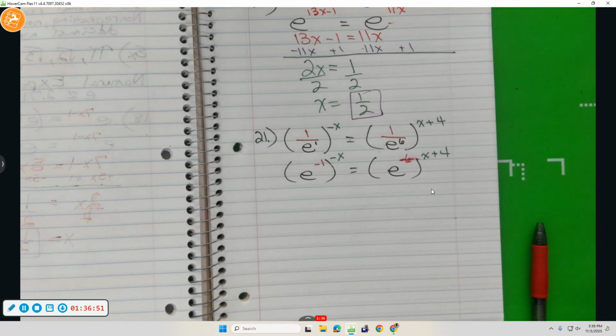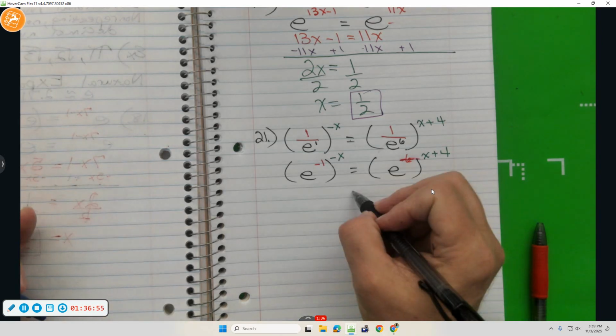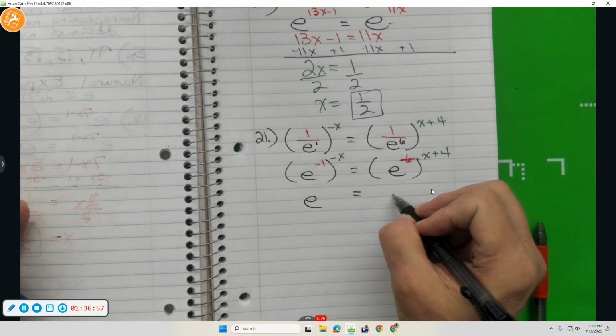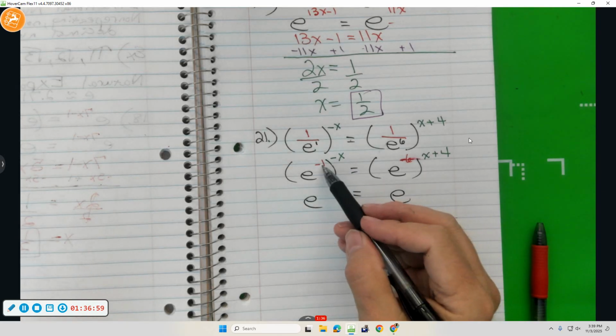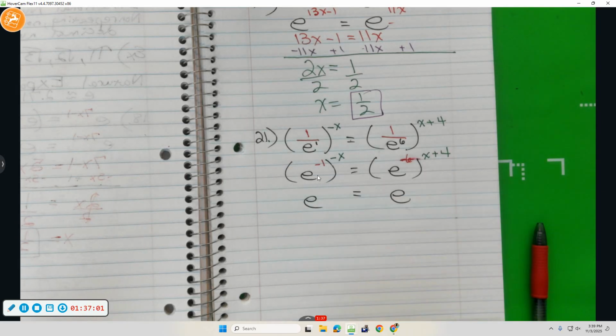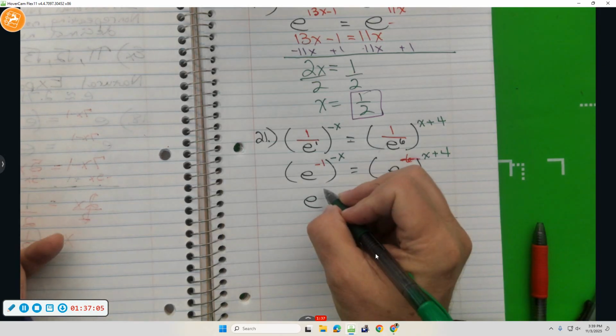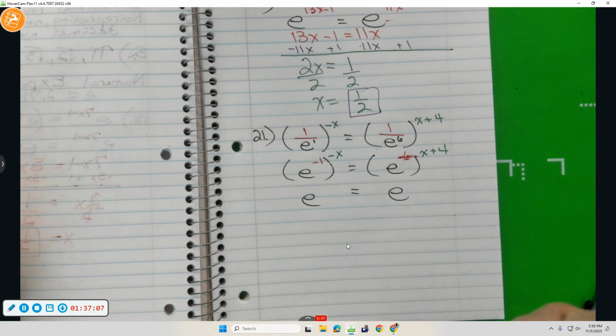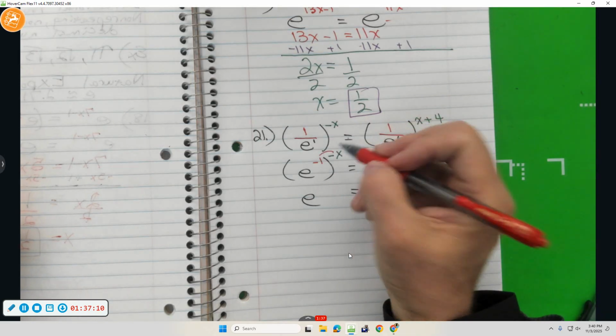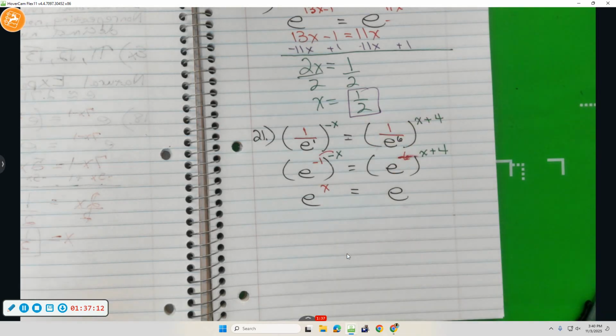We have powers raised to powers. What are we going to do when we have powers raised to powers? Negative 1 times negative x is going to give me what? A positive 1x. Negative 1 times negative x gives me a positive 1x. Oh no, I smeared my ink.